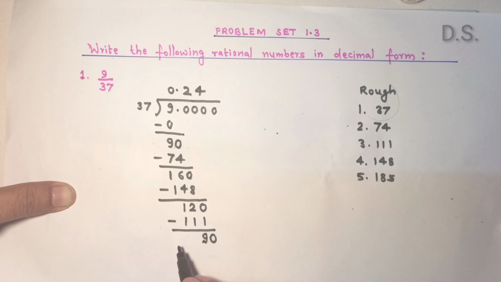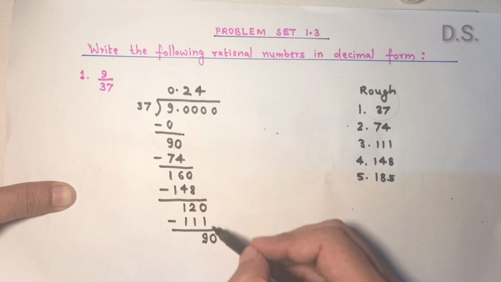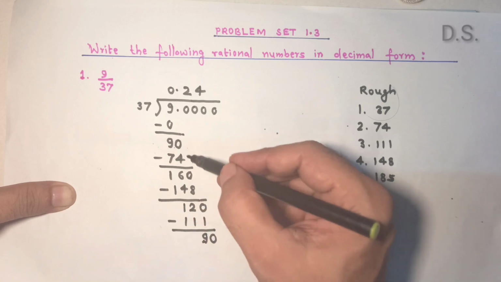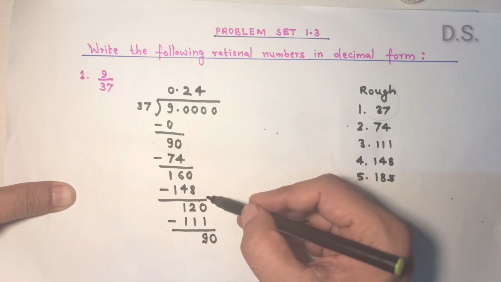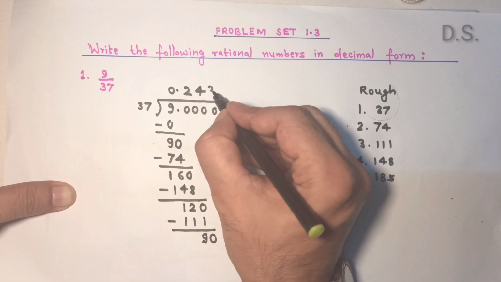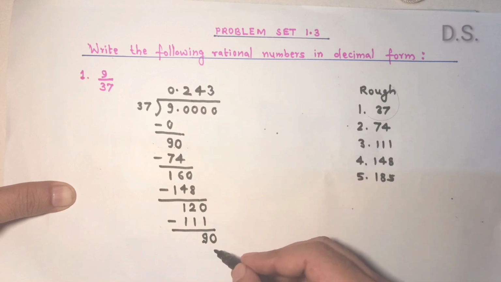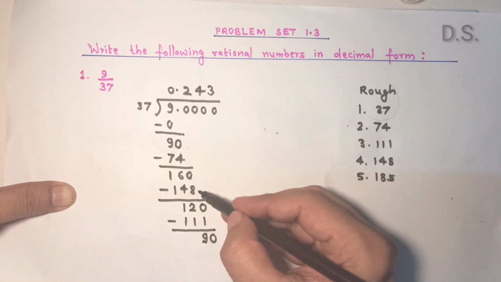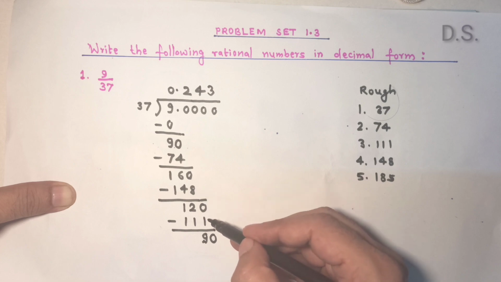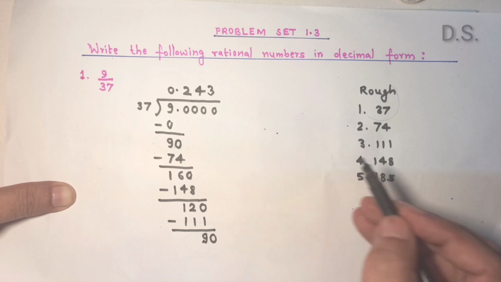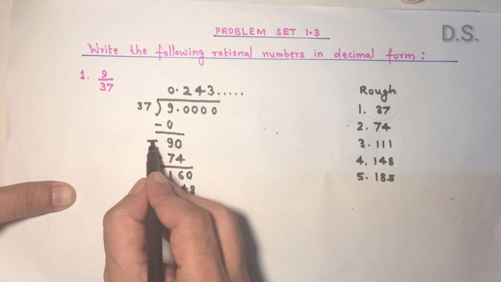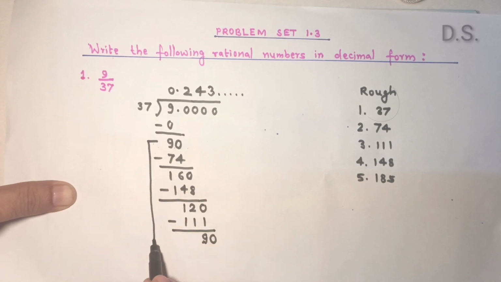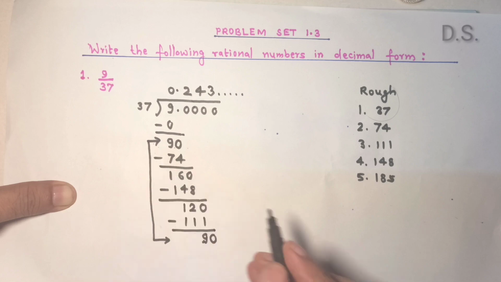My dear students, just see here, it is 90 here and 90 here. That means when you continue dividing, you will find again the same: 2 times 74, then 4 times 148, and 3 times 111, and it will get repeated. So I'll just put dots and mark it like this, just for your understanding.